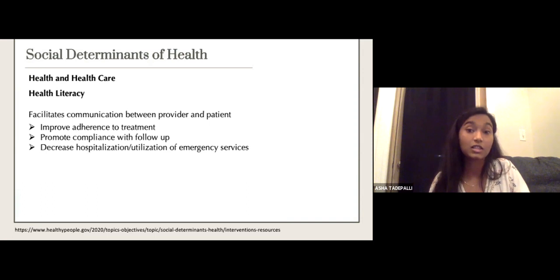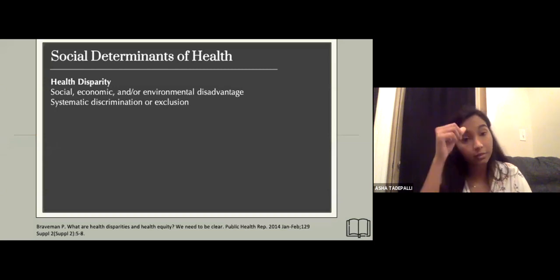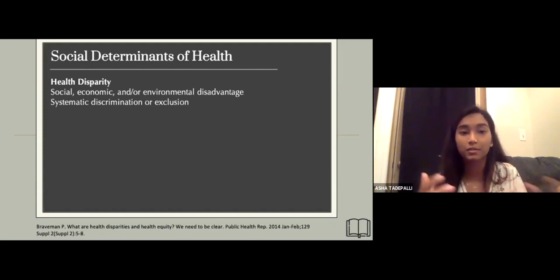This brings us to the last two concepts in relation to the attainment of health, which also have a basis in the fields of ethics and human rights: health disparity and health equity. Prior to Healthy People 2020, as discussed in the article that I've listed there by Paula Braveman, there was no explicit definition of disparity as it related to health, but rather this ambiguous differences in health.